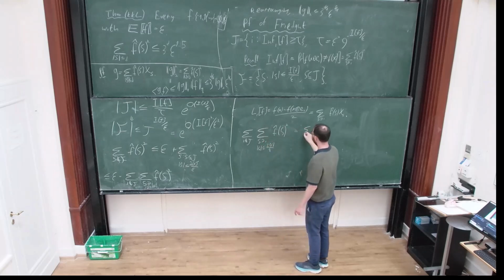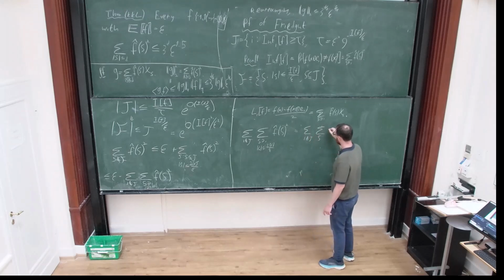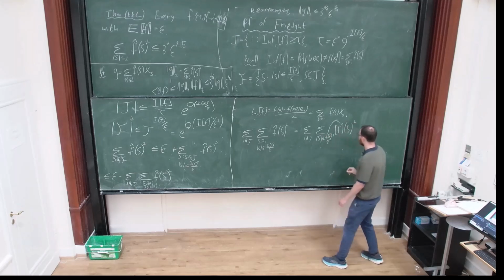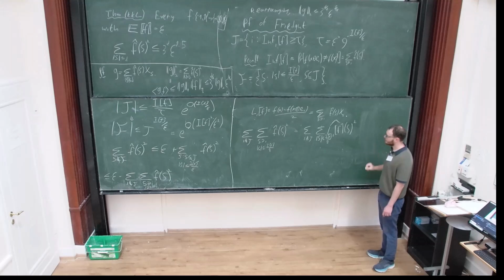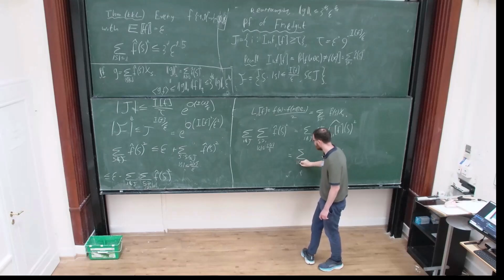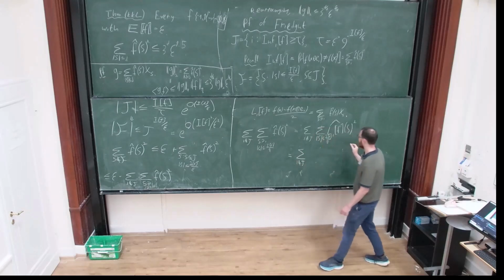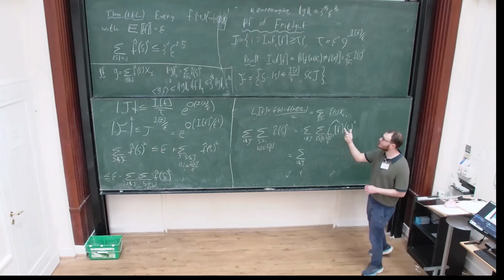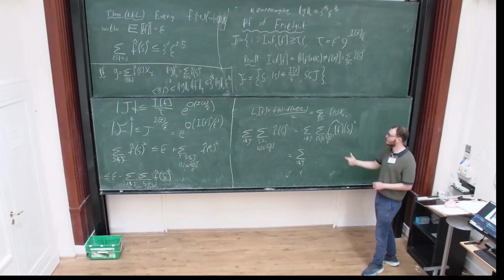We can write it as the sum over i not in J, the sum over S of L_i f hat S squared, where the sum here is over small sets. So now we can apply this version of KKL to say that this sum is small.